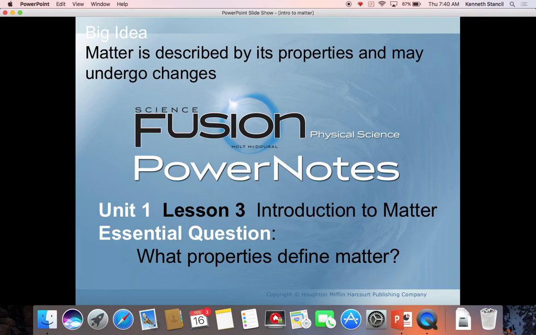All right, so we're still looking at matter, and what does matter make? It makes up anything that takes up space.